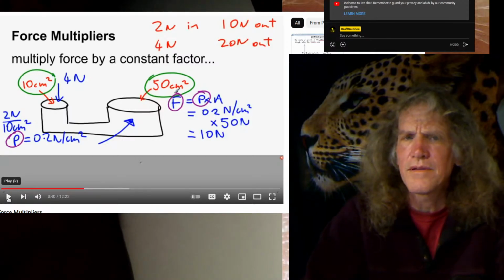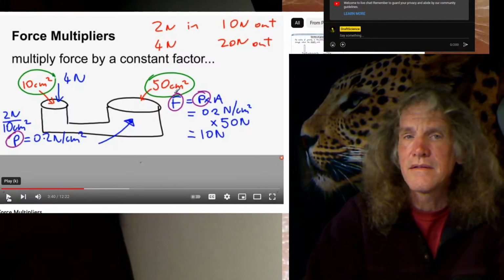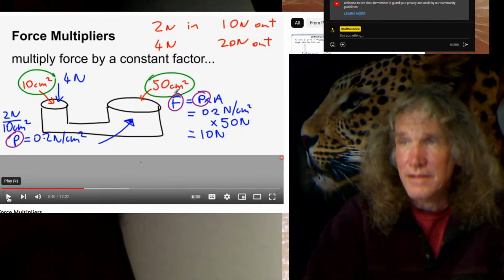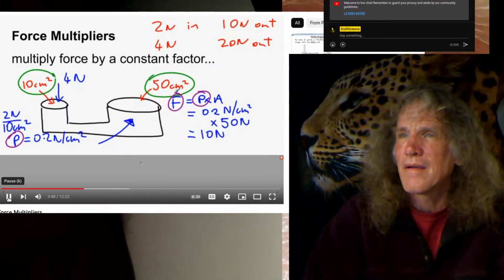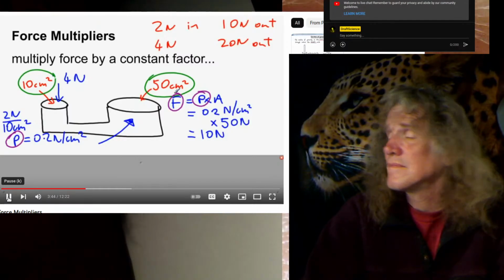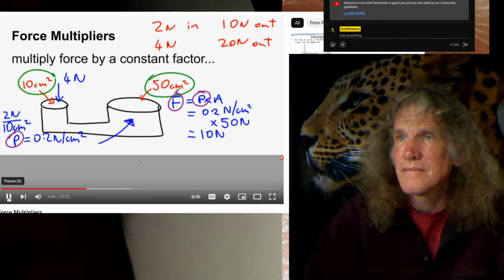Right. So the input force and the output force will be the same because the force is the combination of the mass and the velocity. Obviously, if I changed my hydraulic setup, if I had a larger output piston, then that would change my ratio and it would change my force multiplication.